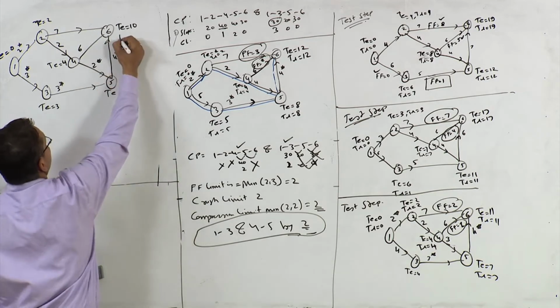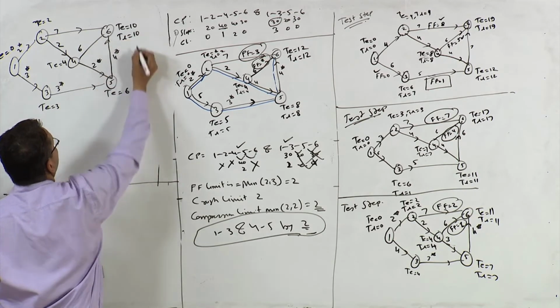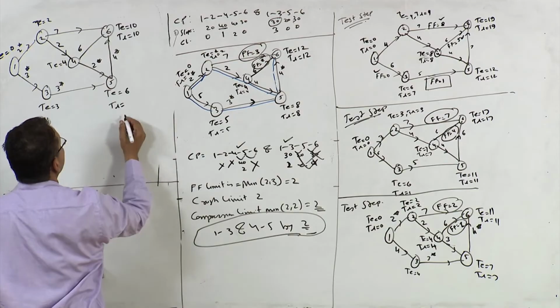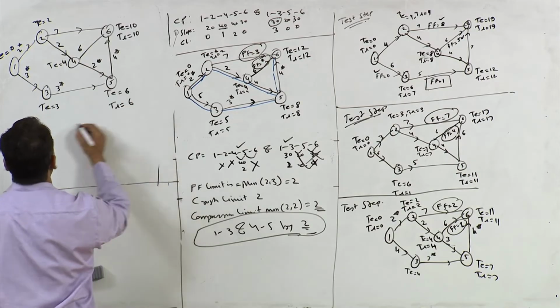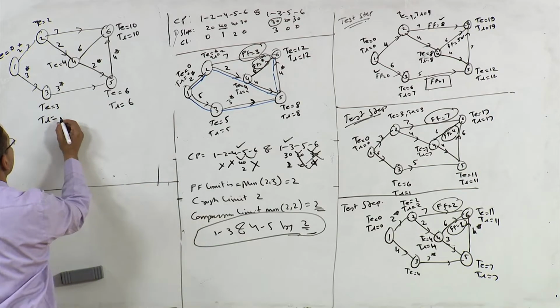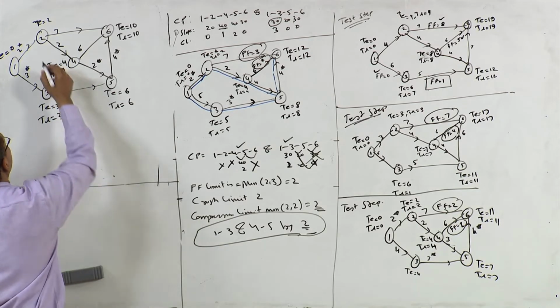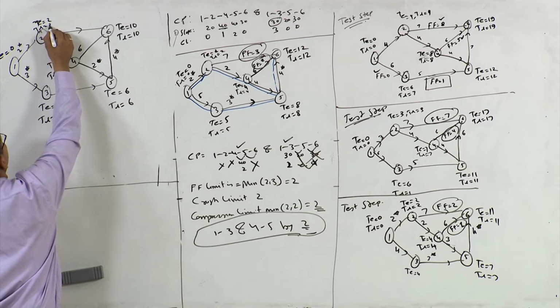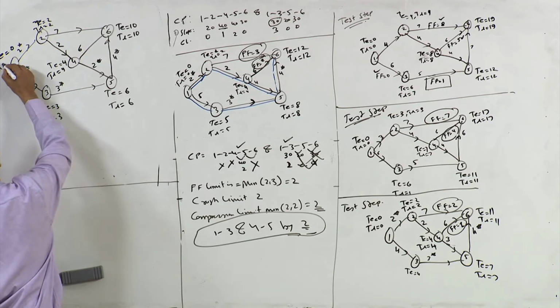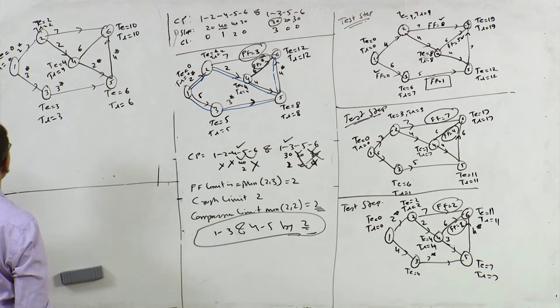So TL is equal to 10, TL is equal to 6, TL is equal to 3, TL is equal to 4 and TL is equal to 2 here. Similarly TL is equal to 0 here. Again you have got 2 critical paths.